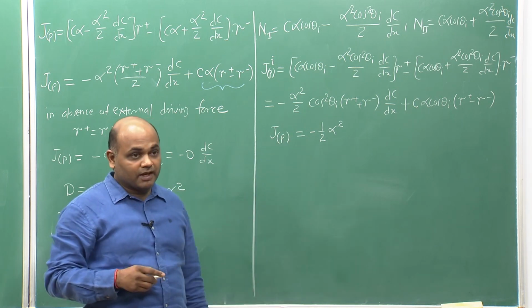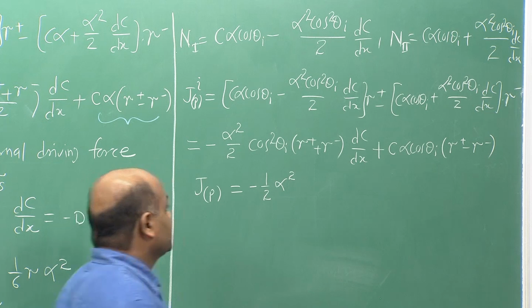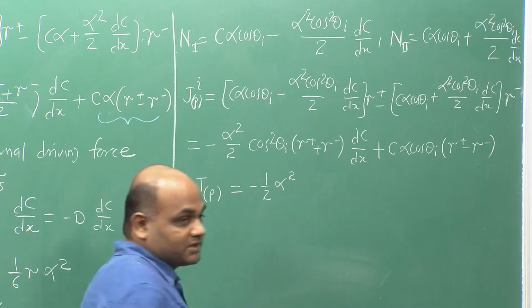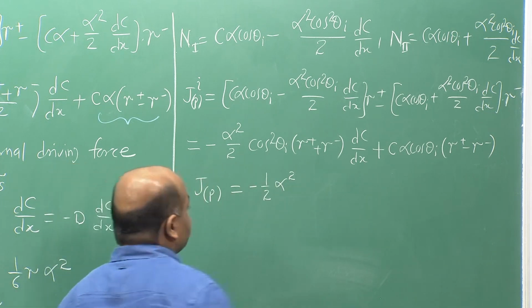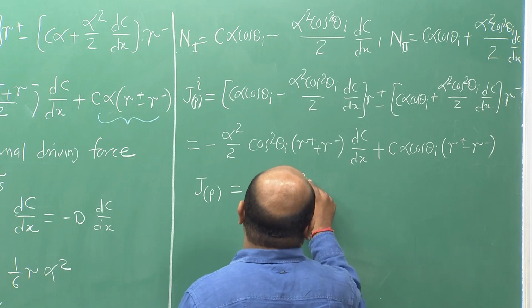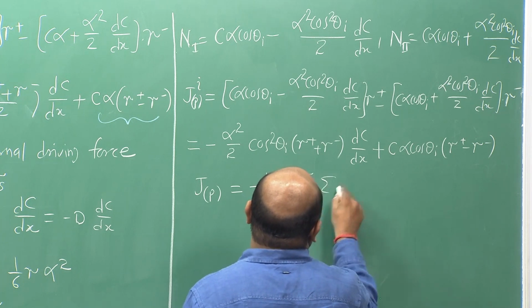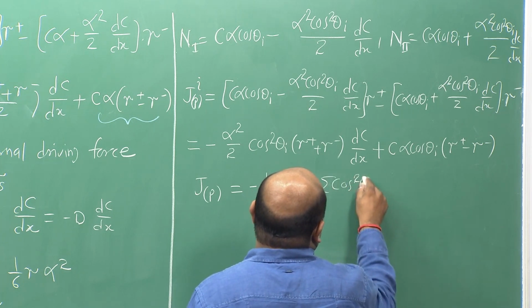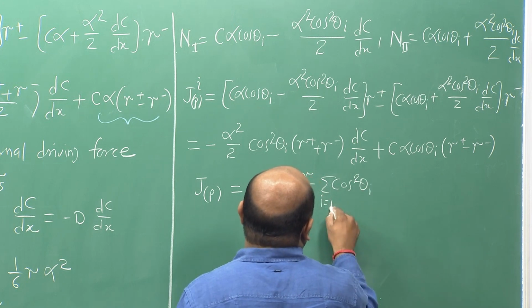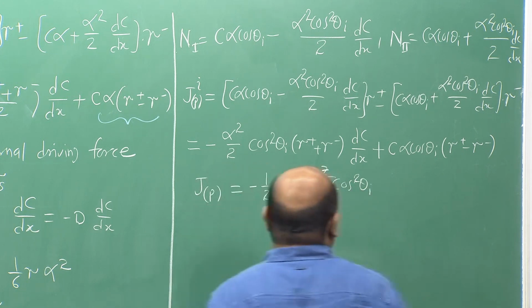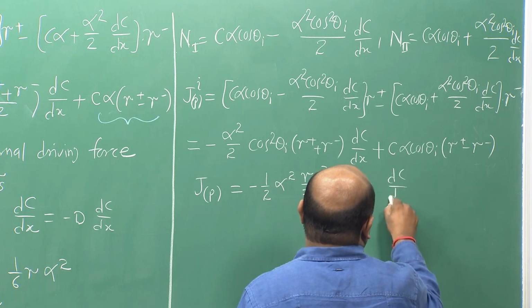So, we need to divide by half, and gamma s becomes gamma by z: minus alpha square gamma by z, sigma cos square theta I, I equal to 1 to z, dc by dx.